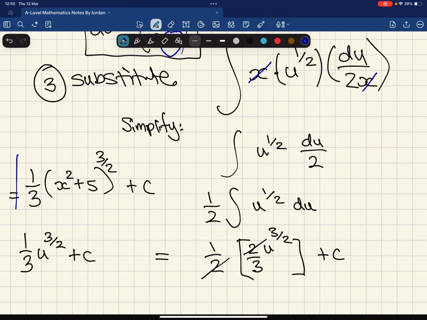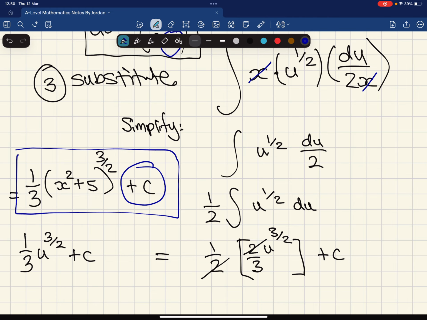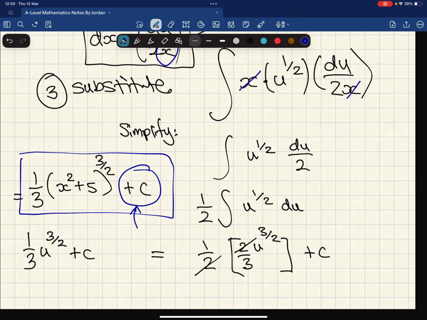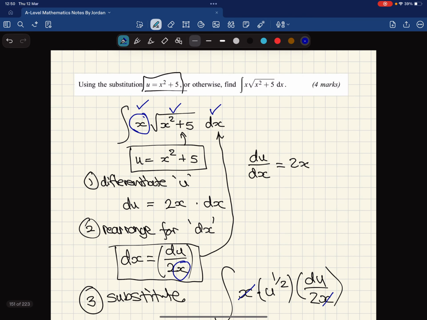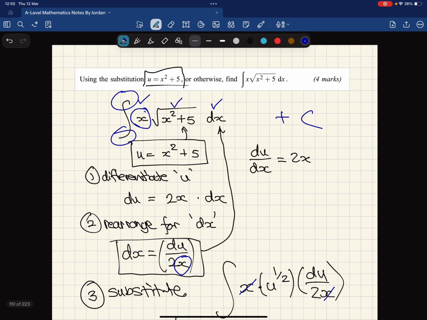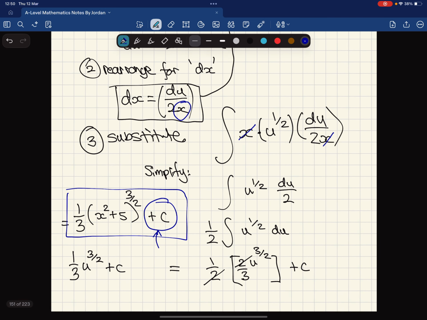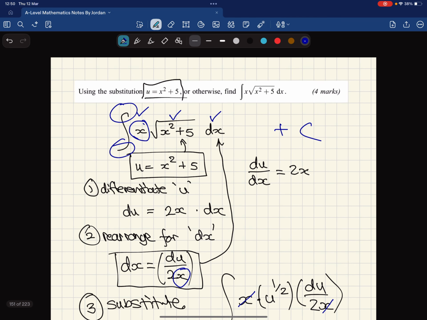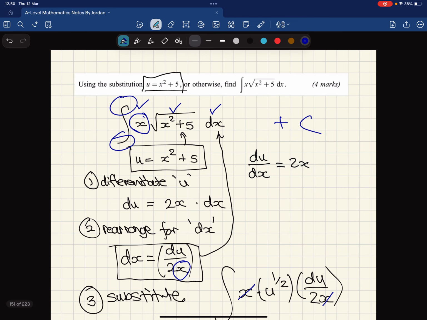This is the final answer for this question. Now, you will lose a mark in the exam if you forget to write the plus c, because remember, for all indefinite integrals, meaning when you have no limits here, you should always have a plus c at the end. Okay? So that is the answer to that one. So in the last two examples, you can see they are slightly different. Let's look at another one.